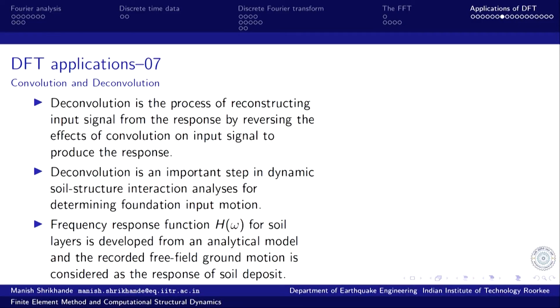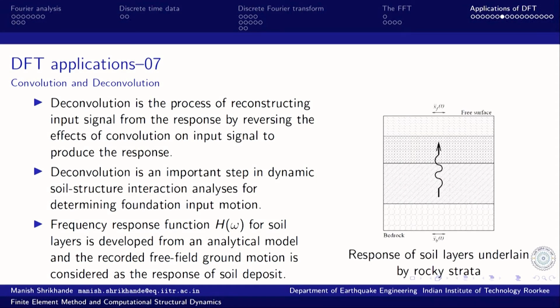The frequency response function H(omega) for soil layers is developed from an analytical model, and the recorded free field ground motion is considered as the response of the soil deposit. So, this is like the schematic, the response of soil layers underlain by rocky strata.